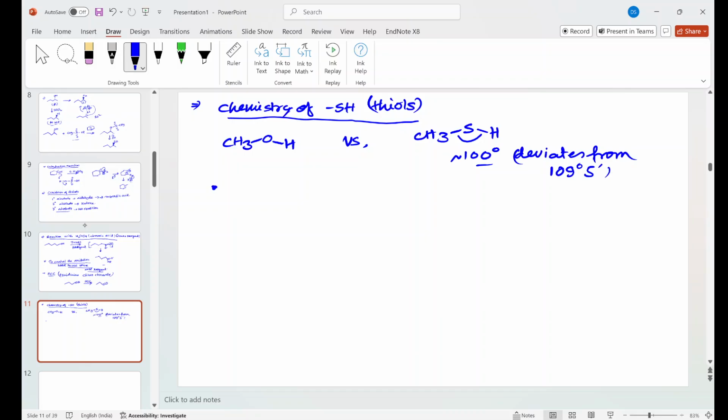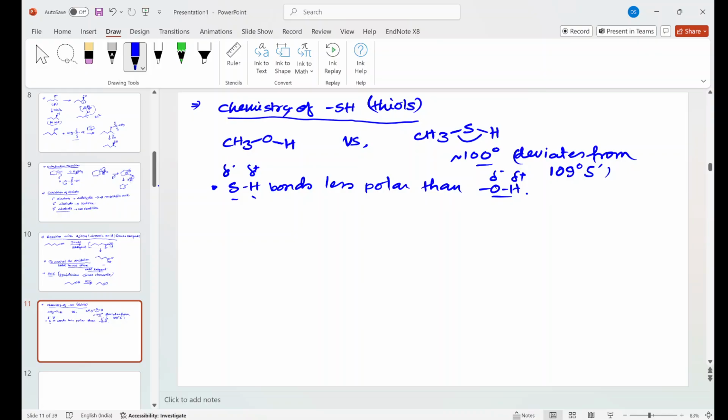So what we need to know here is the SH bond is less polar than OH. Why? Because sulfur is much bigger in size, so it can accommodate or stabilize the electron much more easily, and that is why it is not that electronegative. The electronegativity of sulfur is less than oxygen.